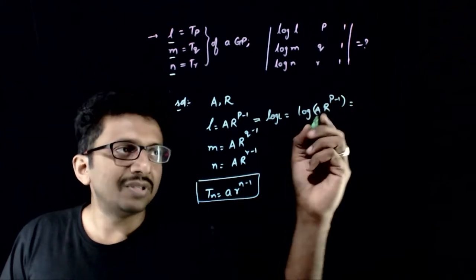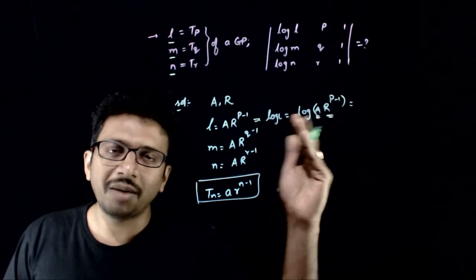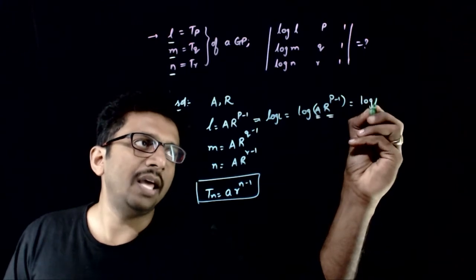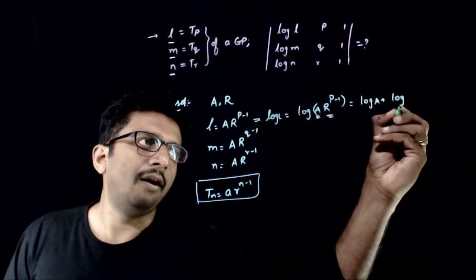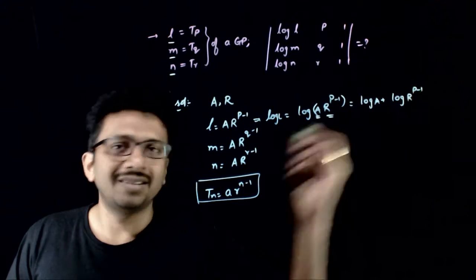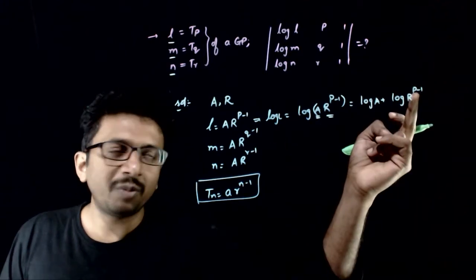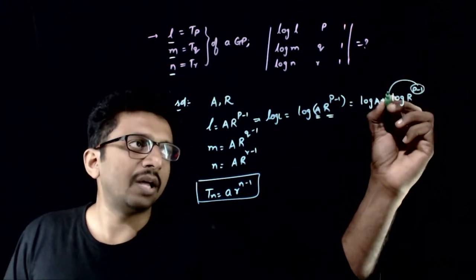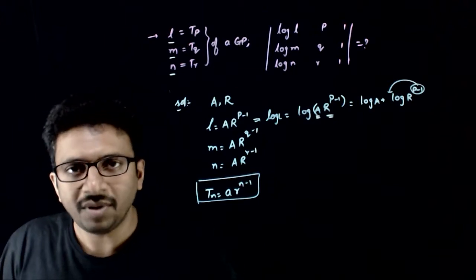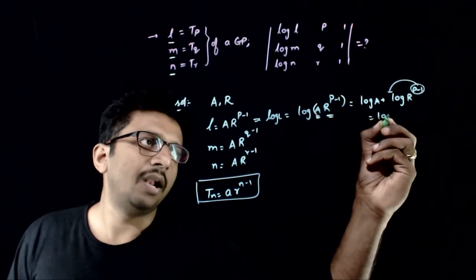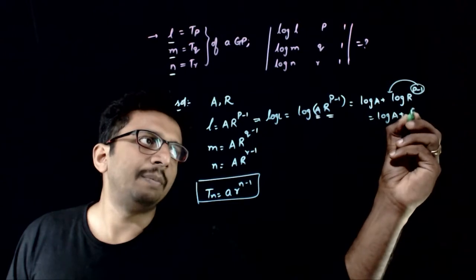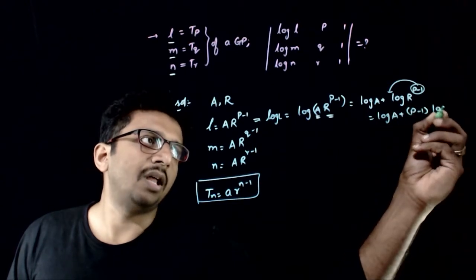Using the formula log AB is equal to log A plus log B, that is log A plus log of R power P minus 1. The power will come out as a multiple from the log. That is equal to log A plus P minus 1 times log R.